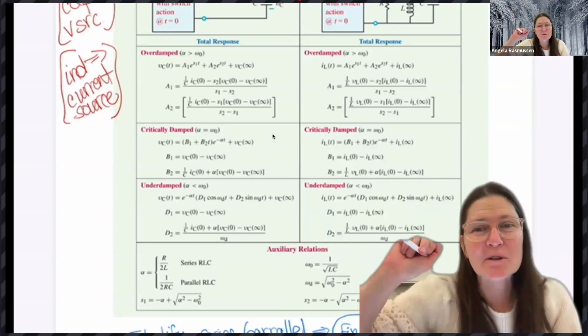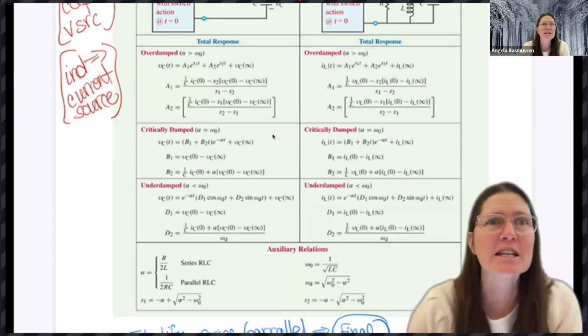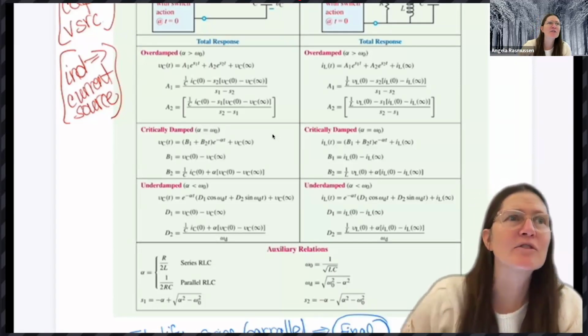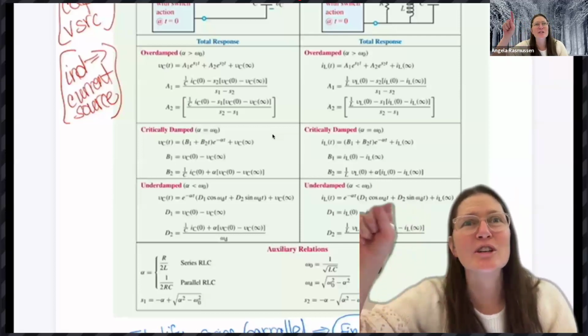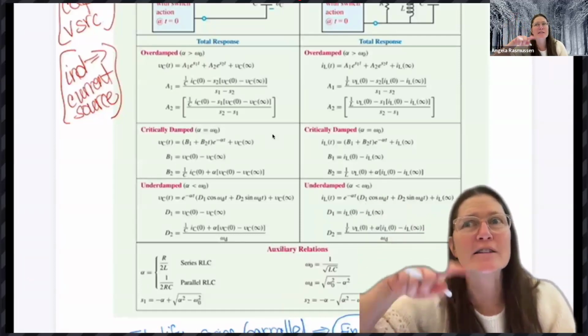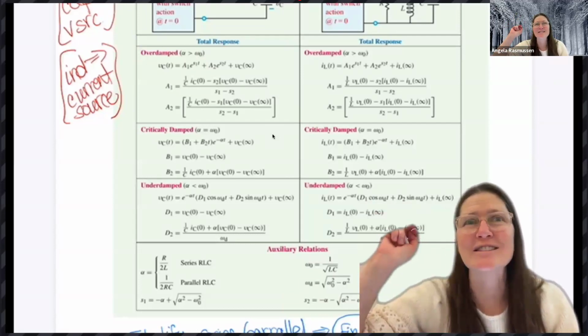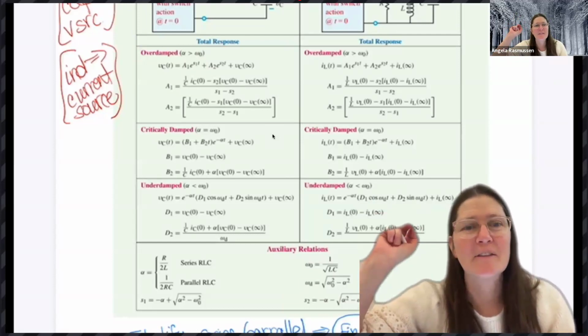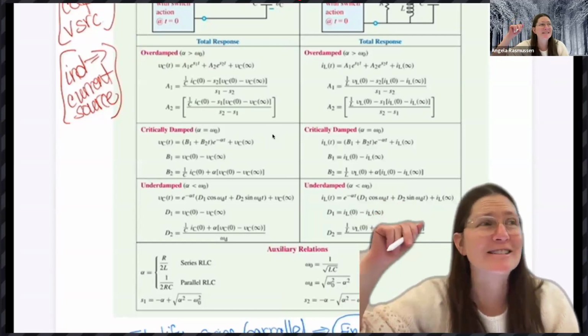Critically damped, we are again going to see the exponential form, but now we have T in it. We have B1 times T in there, so it gives that different form of the exponential. And then the underdamped is going to be a combination of cosines and sines, and that's where you get the oscillations. So that one makes more sense, I guess.